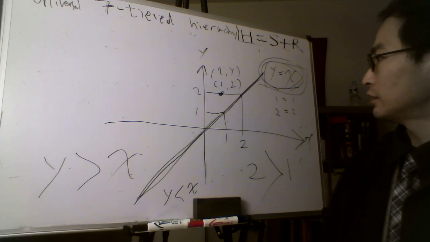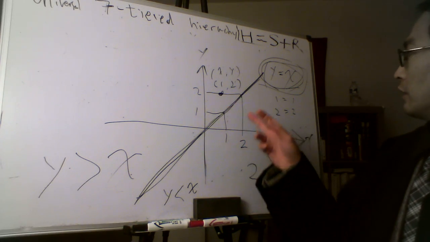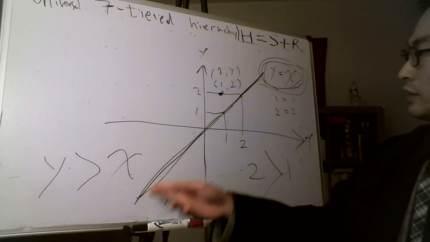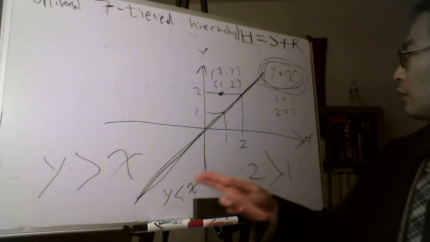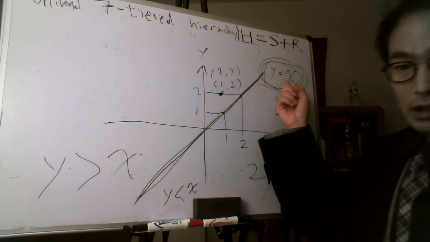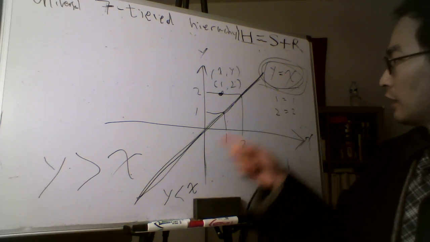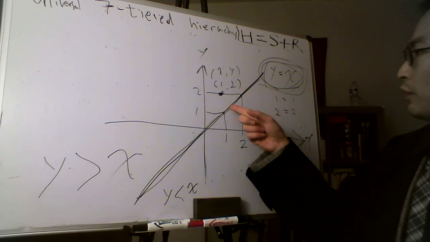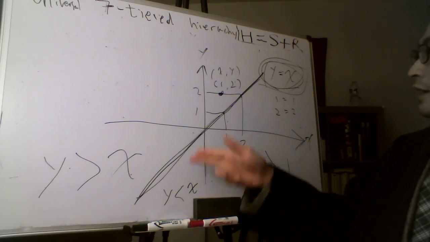Okay, so we have this line. You plug in some numbers, and if it satisfies the equation of this line, then that point is on this line.